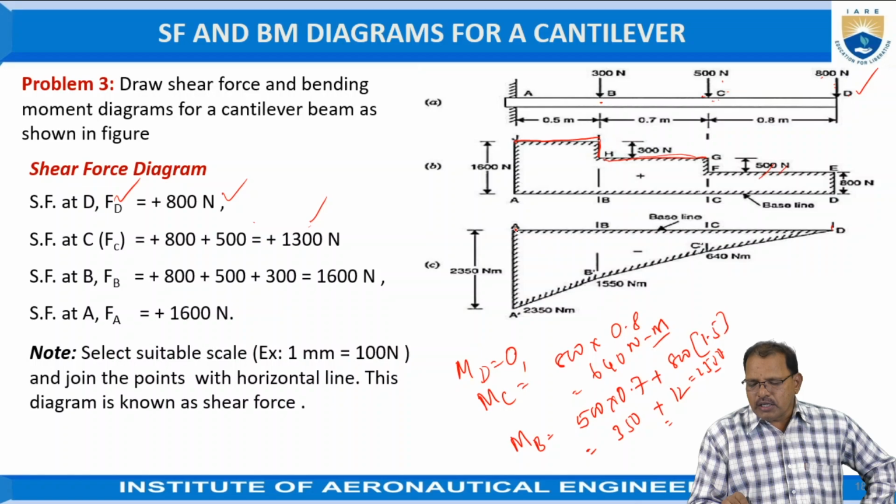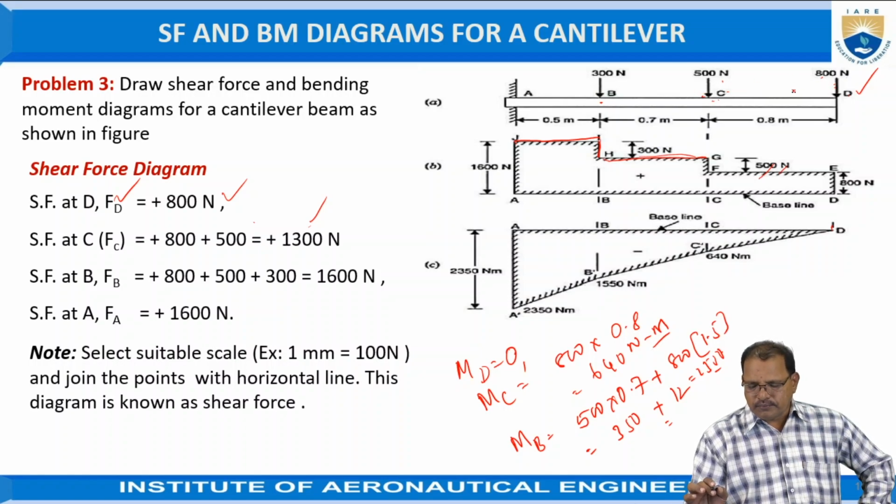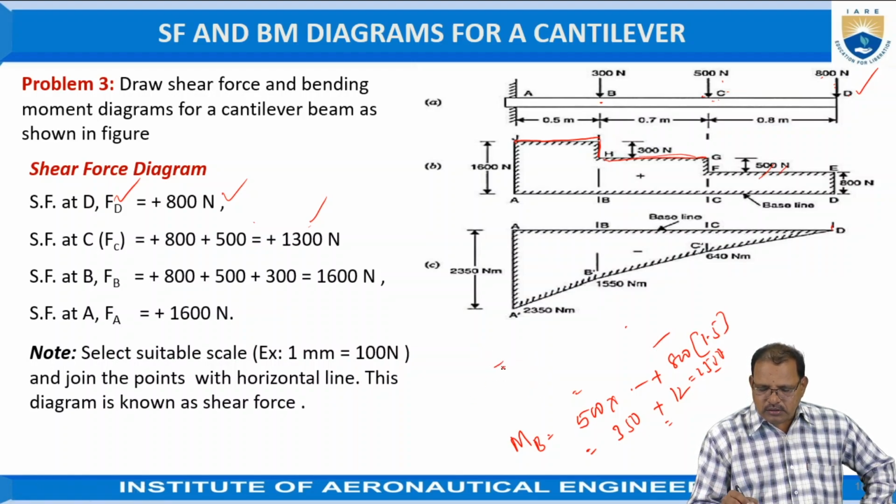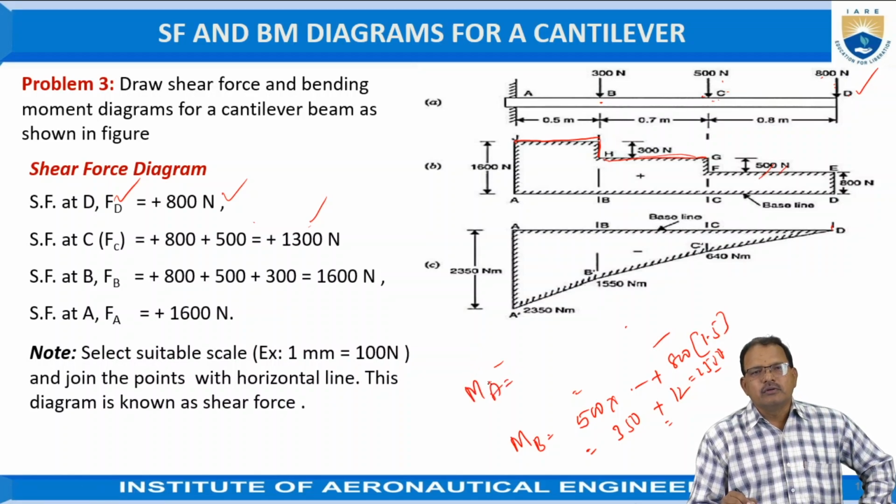Similarly, the bending moment at A is the bending moment created by the 300, 500 and 800 forces. We have to take it now. So here, the bending moment at A, I am taking as MA, which is equal to 800 into the total length of the beam, which is 2.